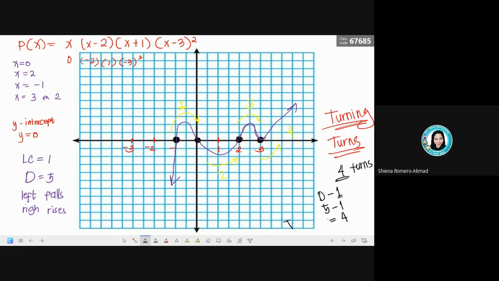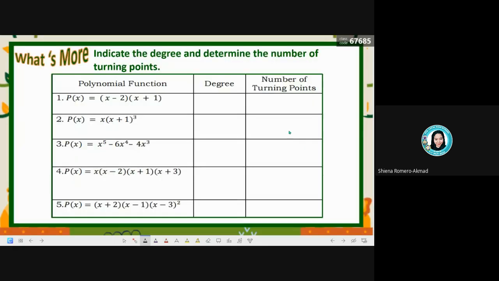So there are 4 turning points. Okay? So meron tayong 4 na turning points. Ito yon. 1, 2, 3, and 4. There are 4 turning points. So that's how you graph a given polynomial function. Okay?